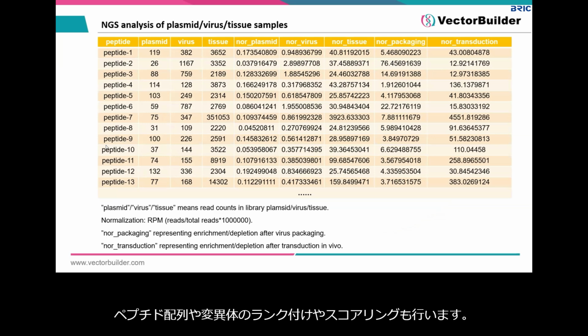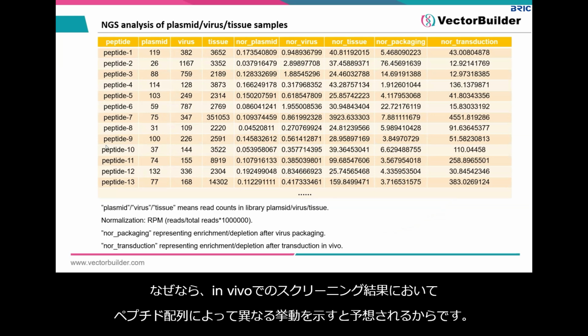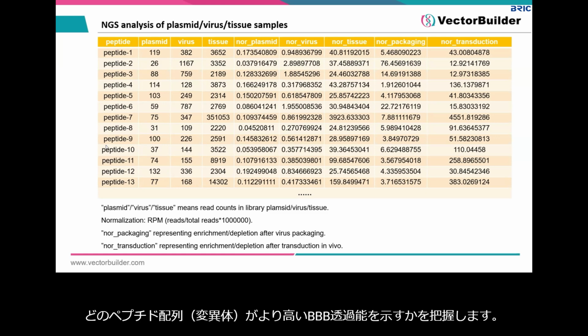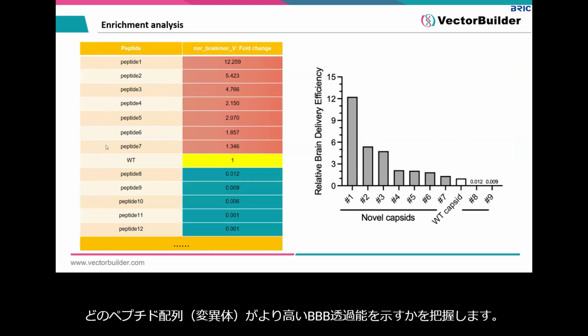We also rank or score the peptides or mutants, because after screening in vivo, we expect different peptides would behave differently, and then we will have a better understanding of which peptide or mutant would be more pro-transduction in the CNS tissues, which indicates better capability of BBB penetration.